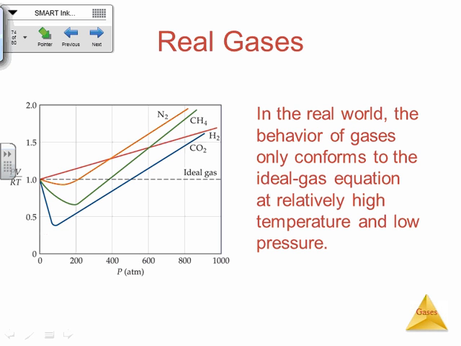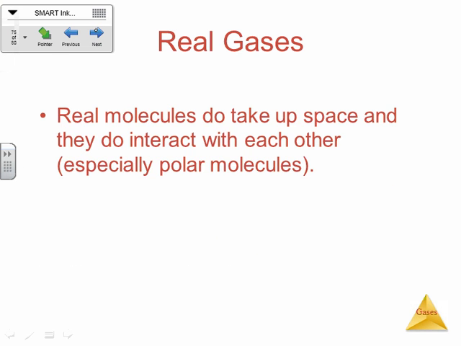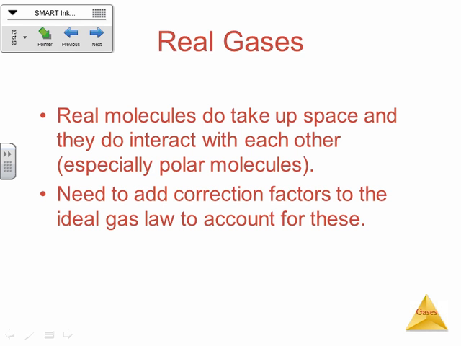If you remember when we talked about the ideal gas assumptions in a couple of note sets ago, we said that ideal gases don't take up any volume, and that they don't really have any attraction for one another. Well, real gases actually do have some volume, obviously, and they really do have a little bit of attraction for one another, especially when we're talking about polar gases.